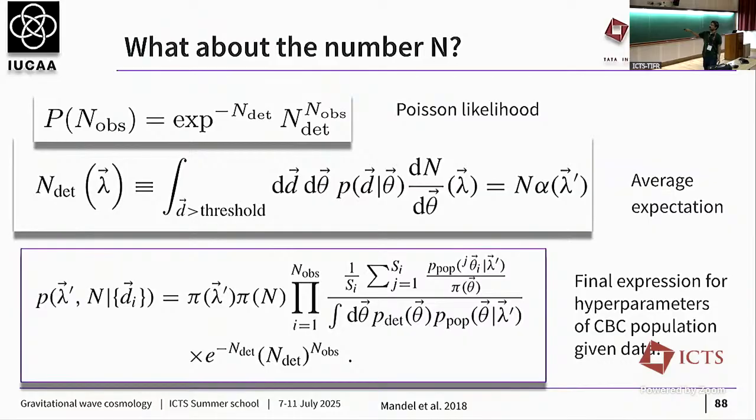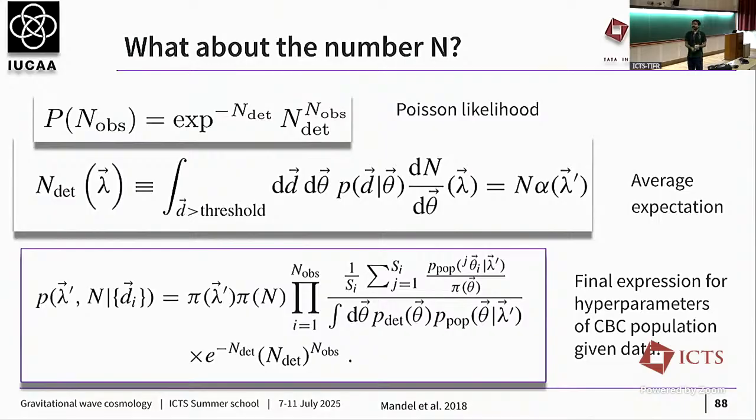And then what are the data sets that you will get given this theta? Then you have to integrate over all possible values of theta and over all possible data vectors, over all possible noise realizations. This will tell you the expected observable number of detections. Remember, this will not necessarily be an integer number. So this is some kind of a mean.